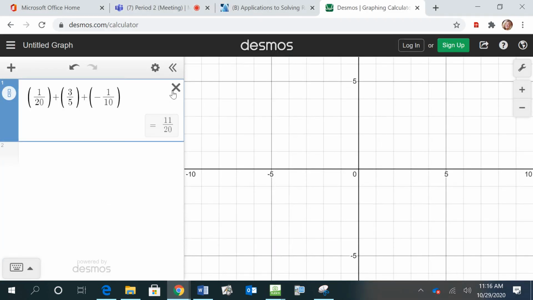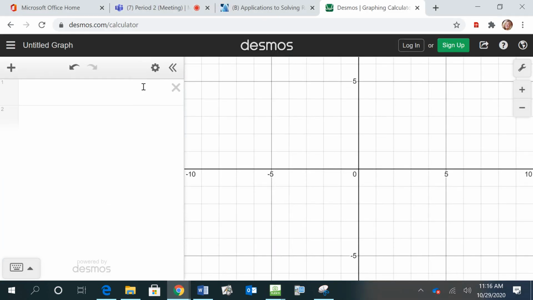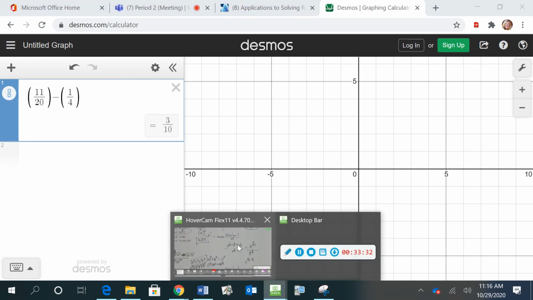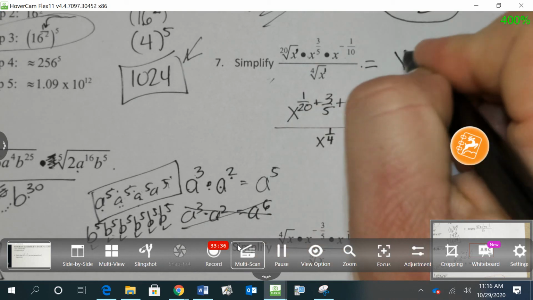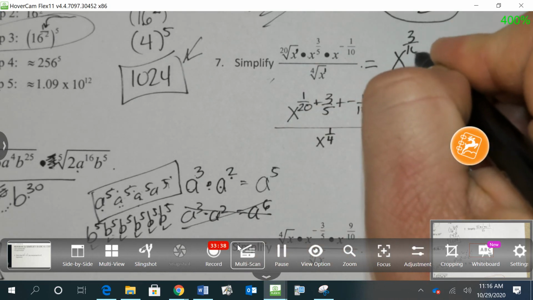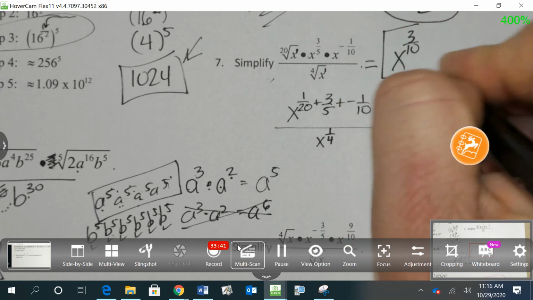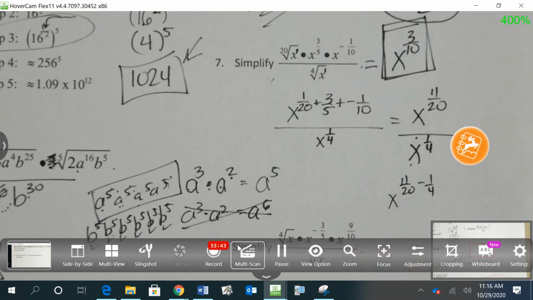So now I'm going to take that top exponent of 11 over 20, and I'm going to subtract 1 divided by 4. Again, I'm going to turn this into a fraction by hitting the fraction key. And this tells me that this expression, after I reduced it, is equivalent to x raised to the 3/10.